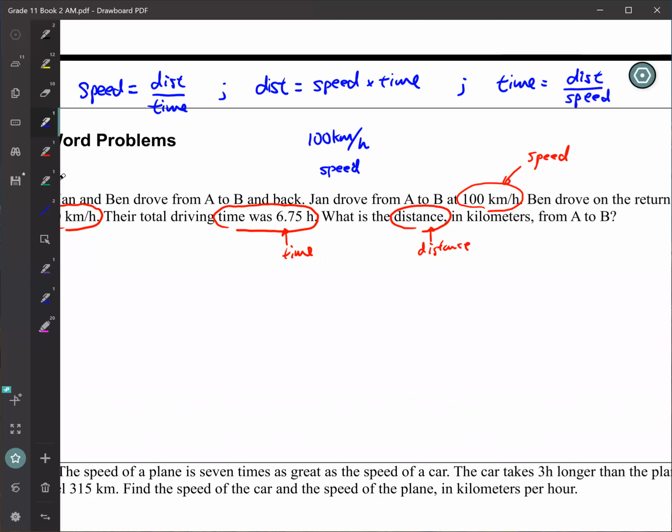So if you are traveling for, let's say, 3 hours, every hour you can go 100. So 3 hours will be 300 kilometer: 100 kilometer, another 100, and another 100. So you multiply together to make the total distance. That's our distance.